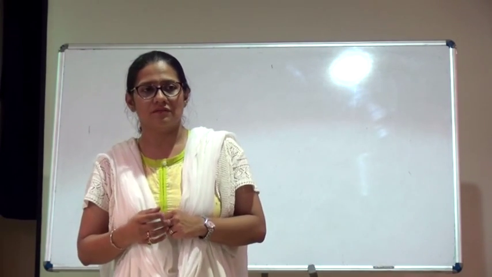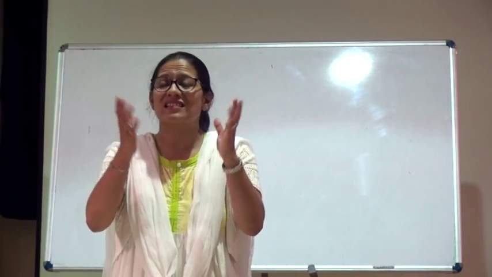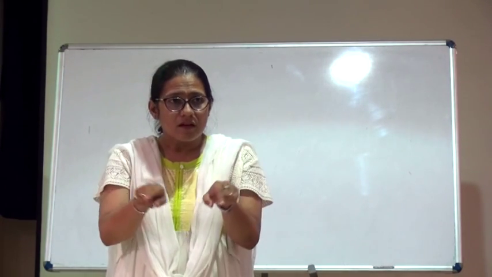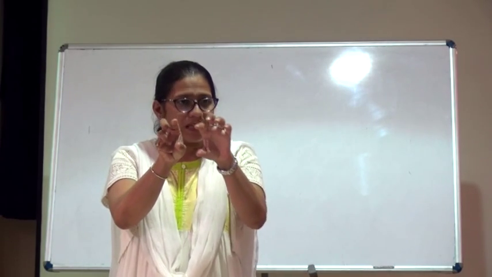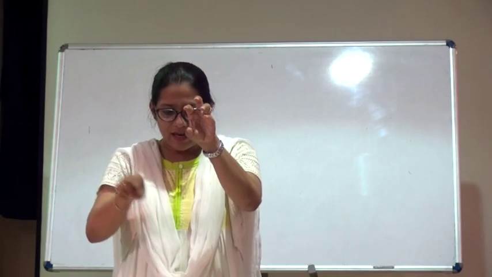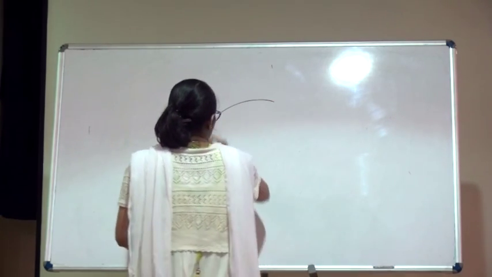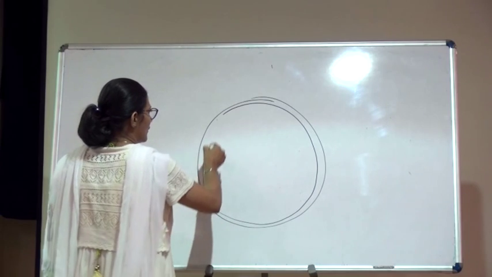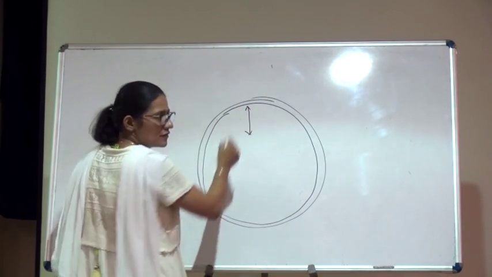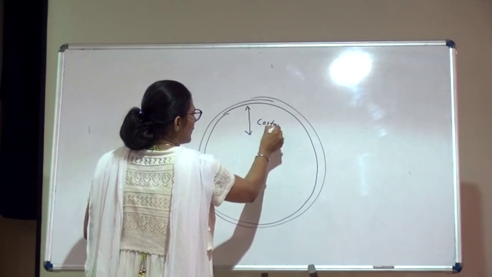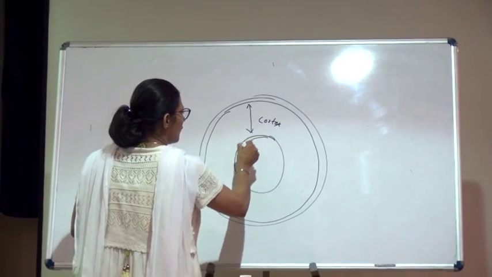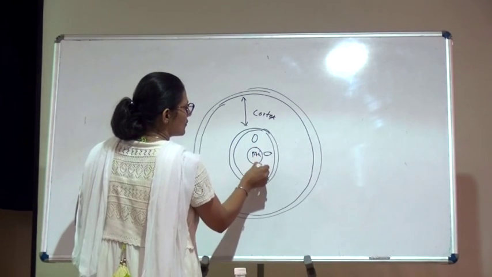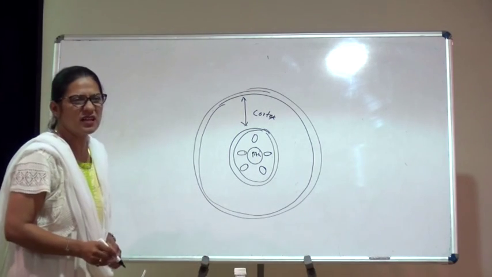Right. What was the next question? Not steel, stele. It is the central region inside the pericycle and pith. If you take a section, you will find the outer epidermis, the cortex, the endodermis, the pericycle, the pith, and the vascular bundles.